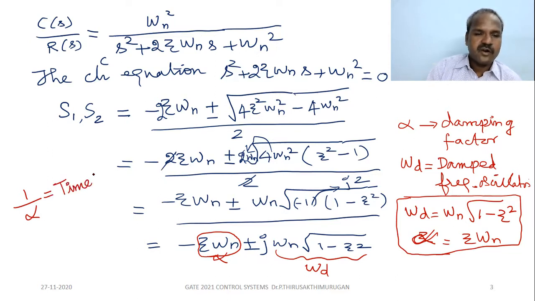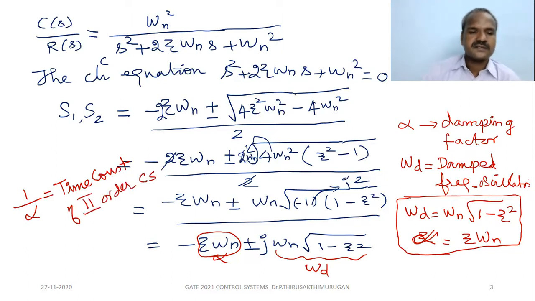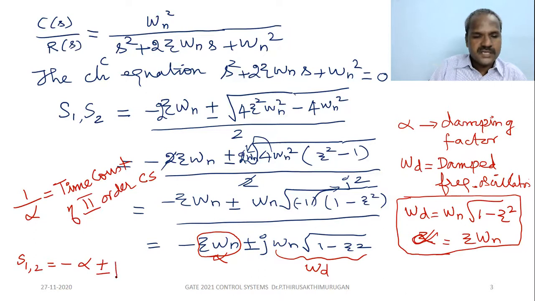of a second order control system. So the two roots of a second order system can be written as minus alpha plus or minus j omega d.